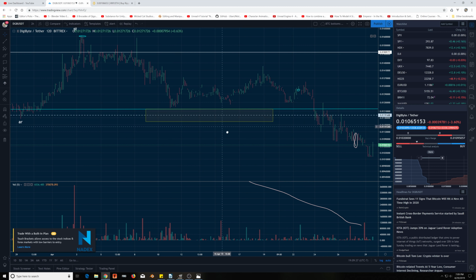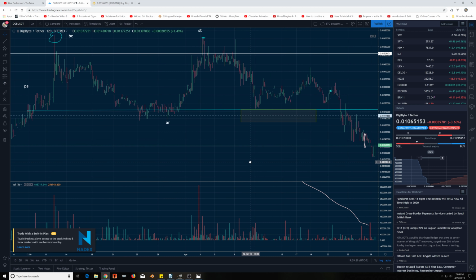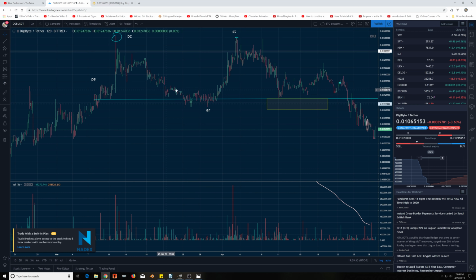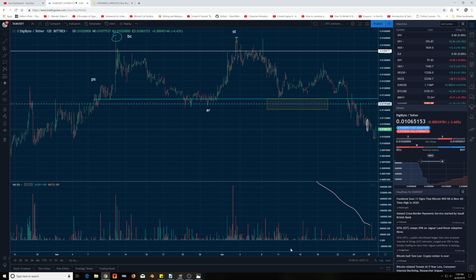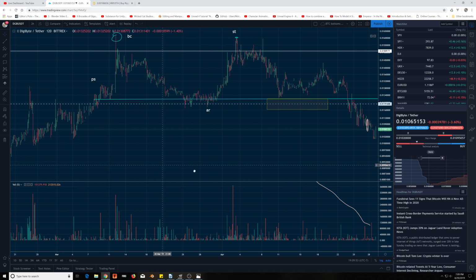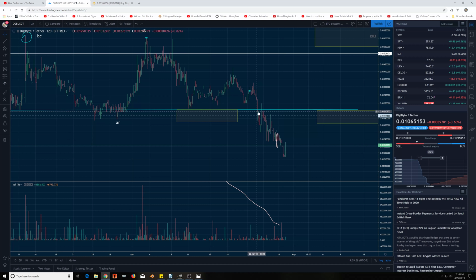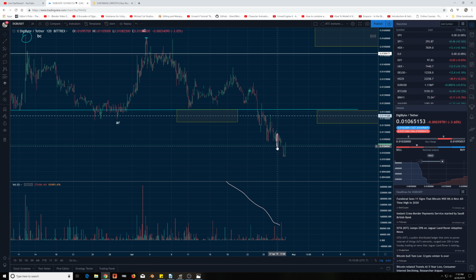It's been dumping ever since. It's had numerous failures. I'm out of this coin currently. I have a very small holding of it. It's not that I don't like it. I really like this coin. I just said that it has long-term potential. But this thing's dumping, man. Or it has been dumping.